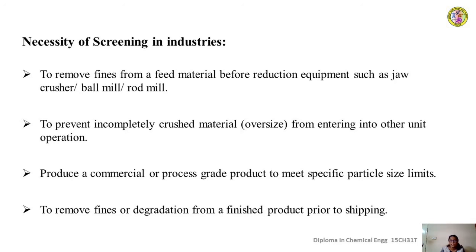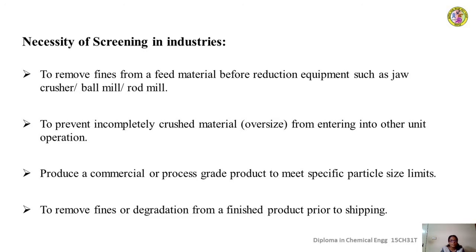Whenever a crushing operation is done, the material coming out may contain some particles which are still not reduced in size to the required extent. So that product from a size reduction operation cannot just be passed on to the next operation, because maybe the next operation strictly requires particles of a certain size.